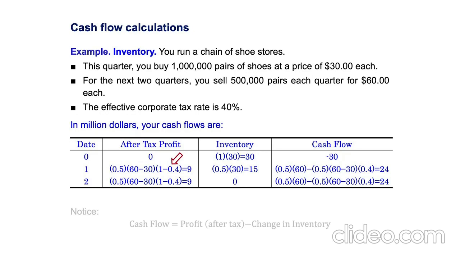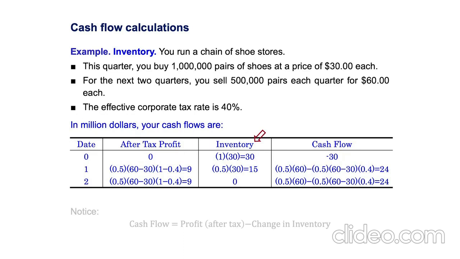This gives an after-tax accounting profit of $9 million per quarter. But this is not the actual after-tax cash flow. In particular, the cost of shoes are paid in quarter 0 in the form of inventory, not in quarter 1 and 2.